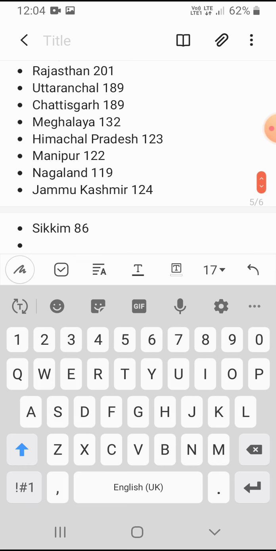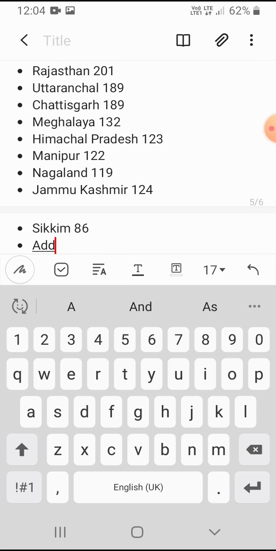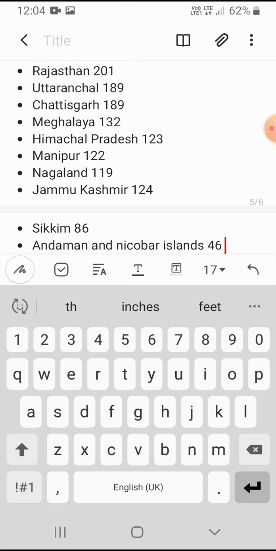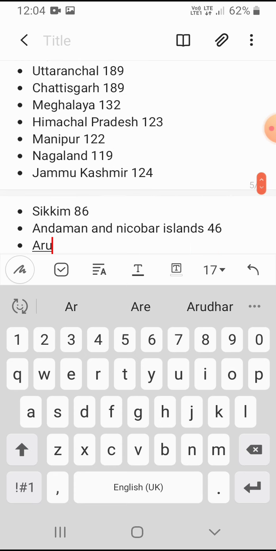Lastly, the Andaman and Nicobar Islands have 46 people living per kilometer square. And finally, Arunachal Pradesh has only 17 people living per kilometer square.